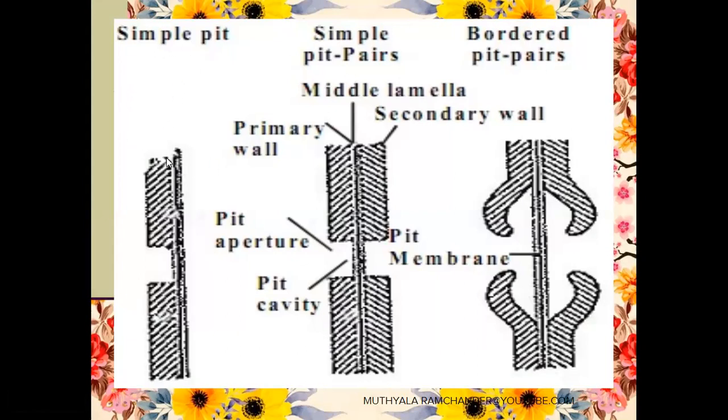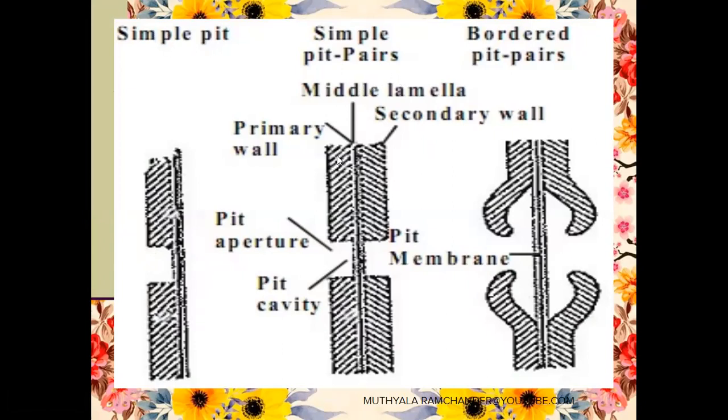See, simple pit. On both sides of the middle lamella, the primary cell wall is present. Outside the primary cell wall, on only one side, the secondary cell wall is formed with lignin chemicals. During the formation of the secondary cell wall, it leaves some spaces in a simple manner. These structures are called simple pits.